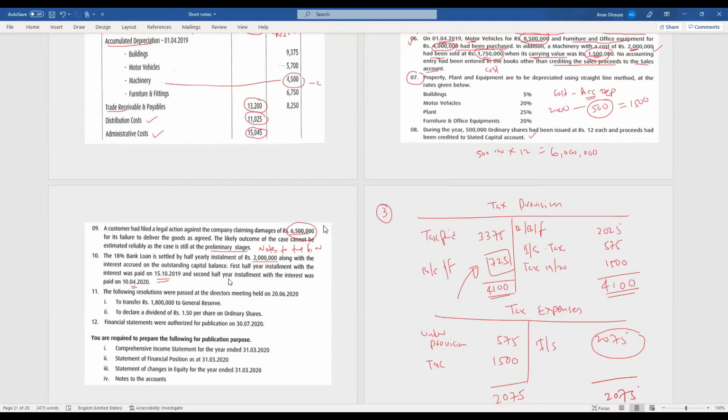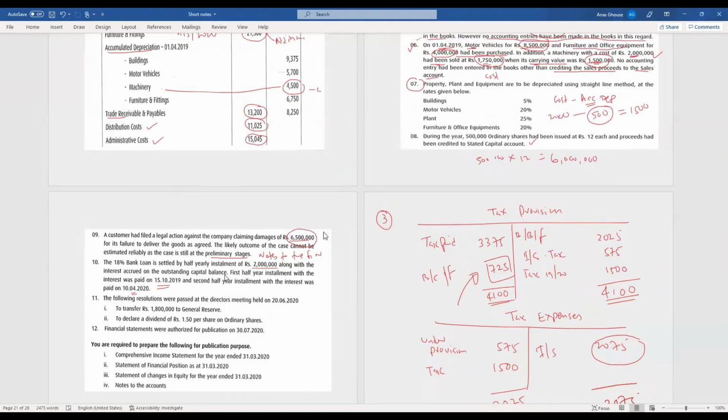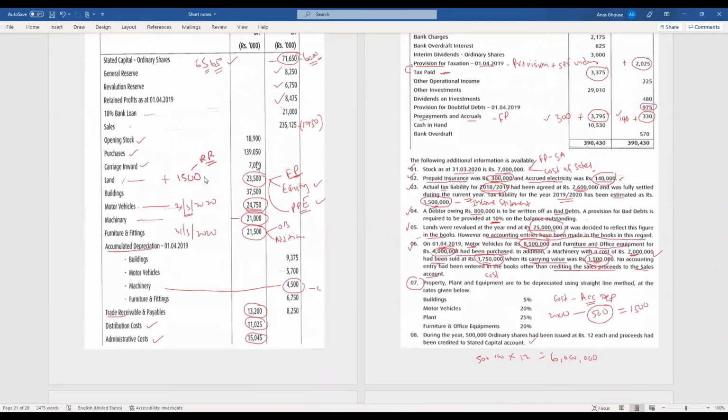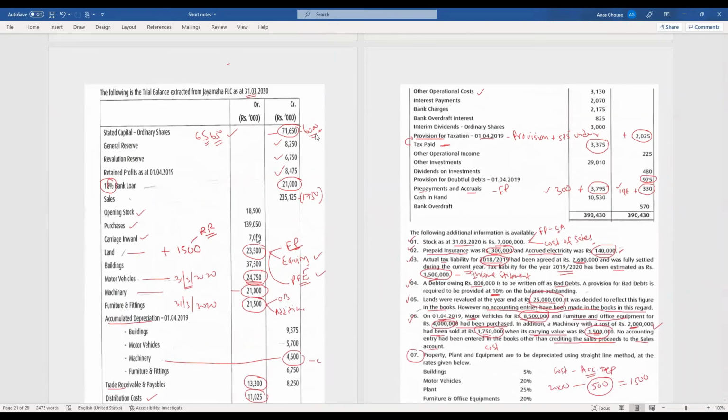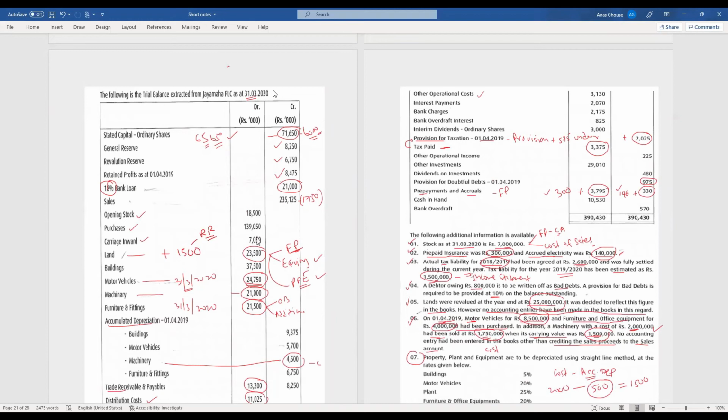So if you see how much is the loan capital, the bank loan is 21 million. You need to calculate interest at the rate of 18%. This 21 million is given as the 31st March 2020 closing balance.